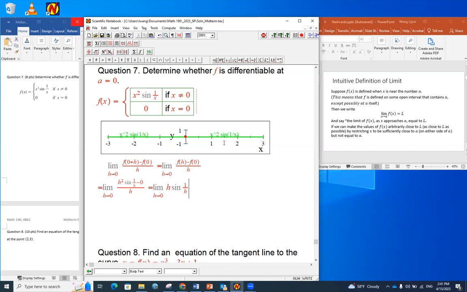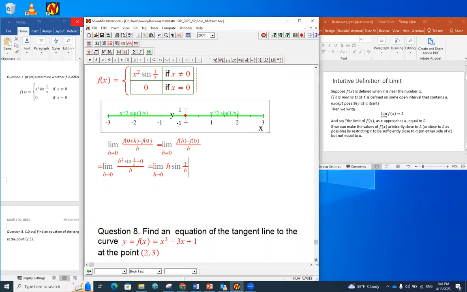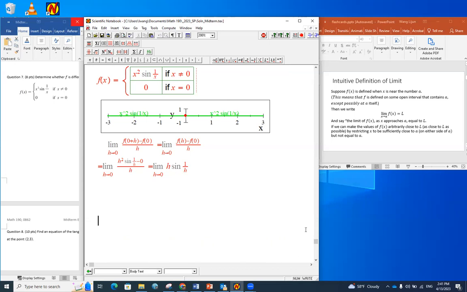What do we do? Well, at this point, you could be thinking of the squeeze theorem. If you take the absolute value of this piece, it is less than or equal to the absolute value of h multiplied by the absolute value of sine of 1 over h.